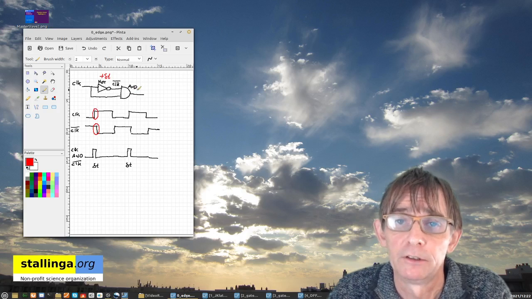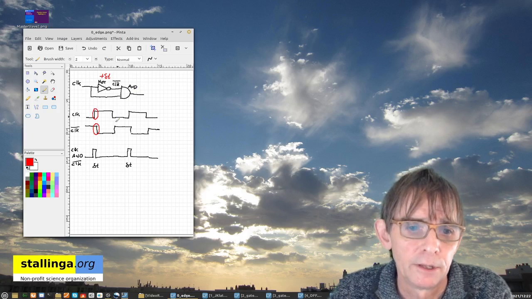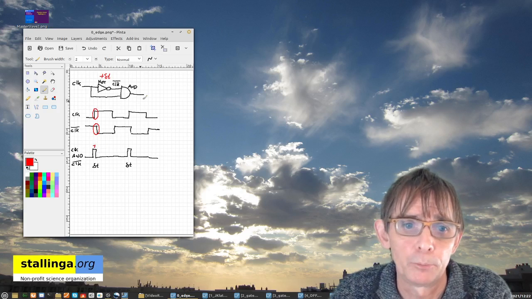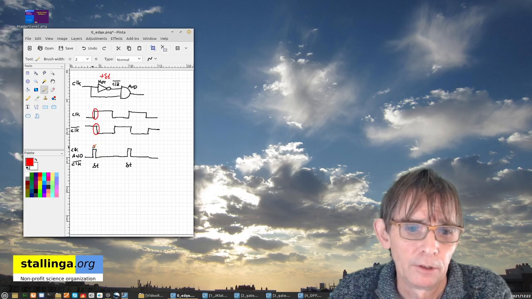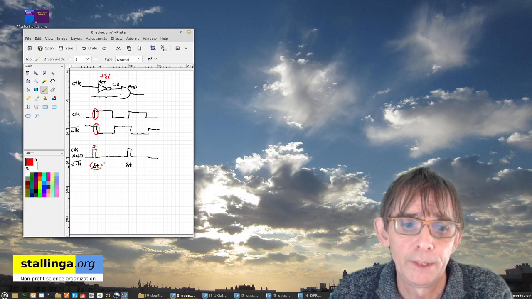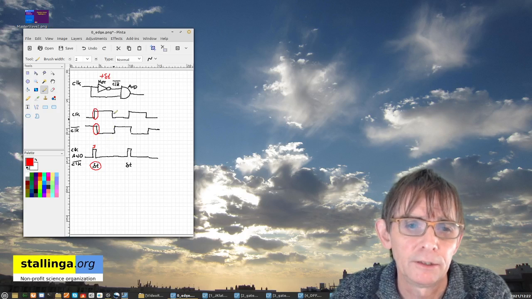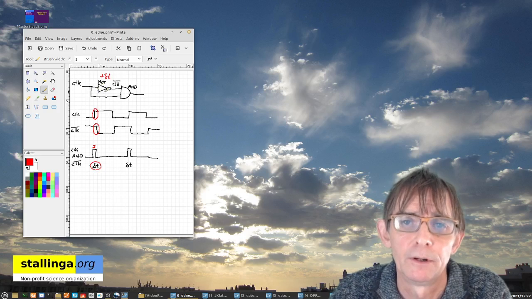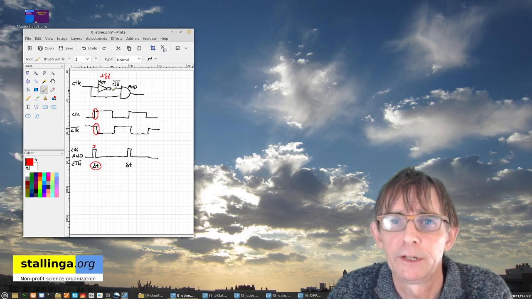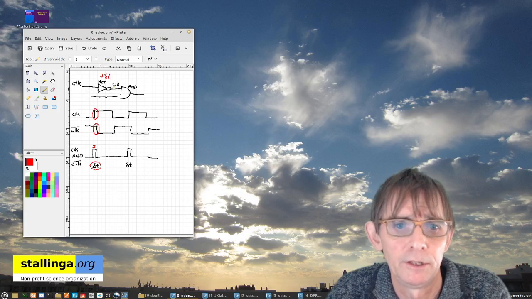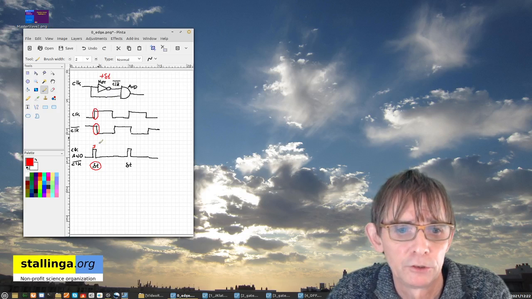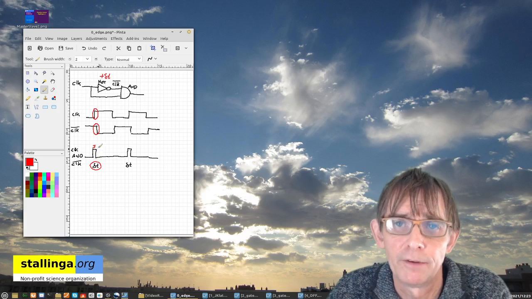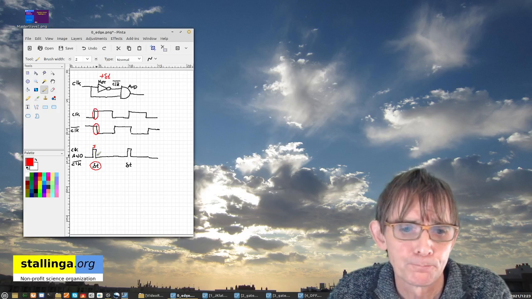If we pass this through the AND gate, we get a very short 1 at the output. The width of this pulse is determined by the delay of this circuit, and nowadays they can make transistors that are easily in the picoseconds range. So we can make this thing very narrow.